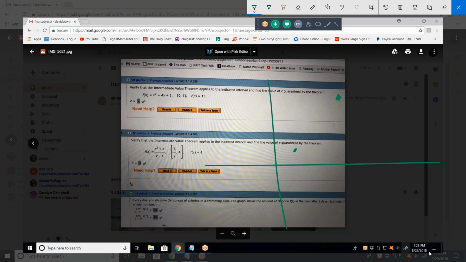In other words, intermediate value theorem only applies to continuous functions. If this function is piecewise, then the intermediate value theorem doesn't apply. But as long as it's continuous, no matter how it goes, it can go like the following.